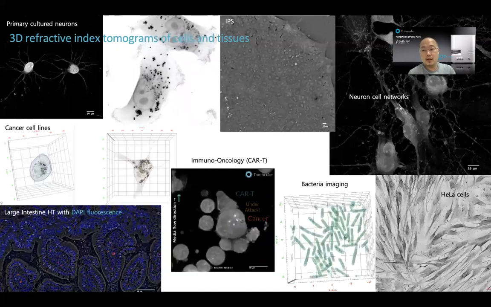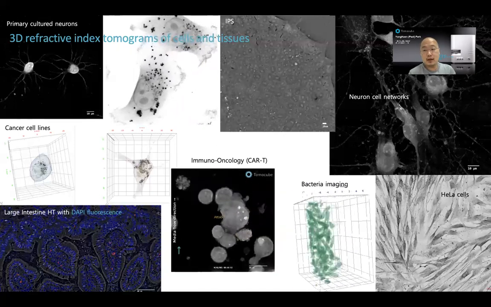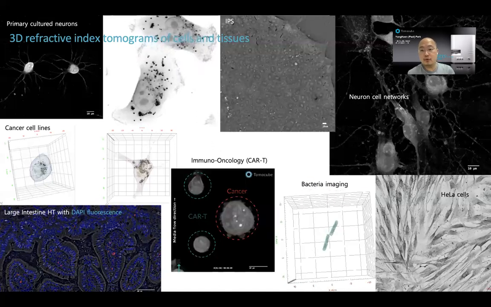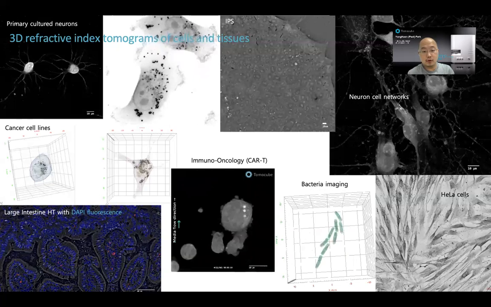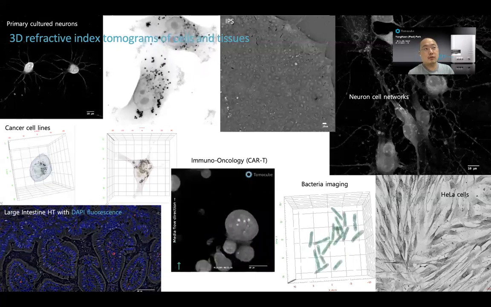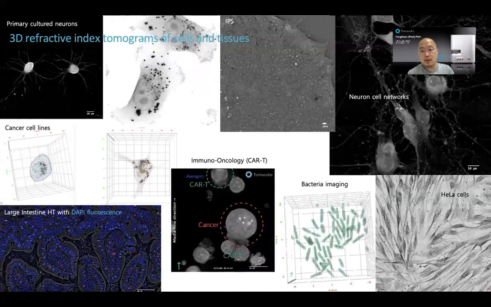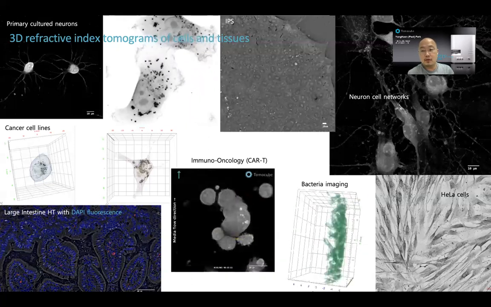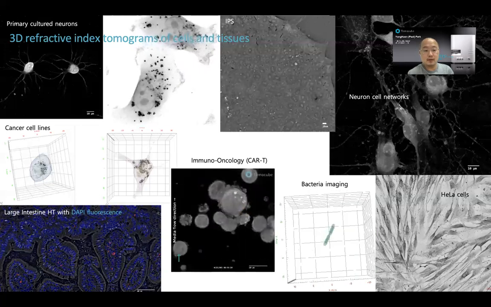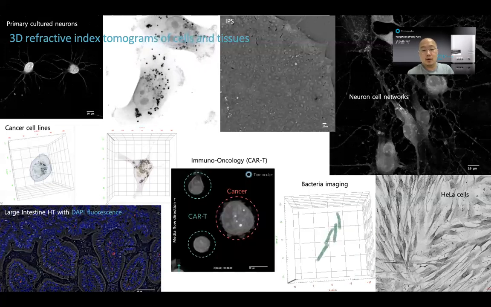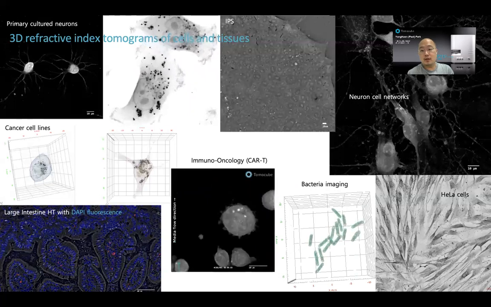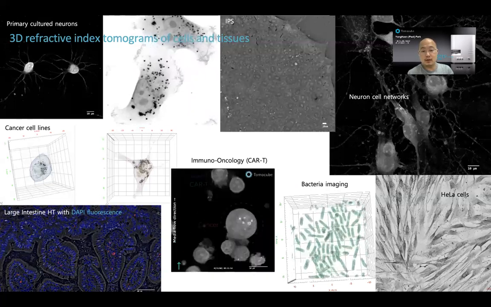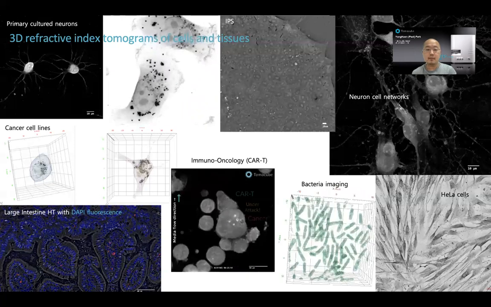You can access both structural and molecular information. That can be understood as the PET-CT in clinical medical imaging. PET provides molecular information, and CT provides structural information. When they are used together, they provide synergistic effects because they provide independent information.